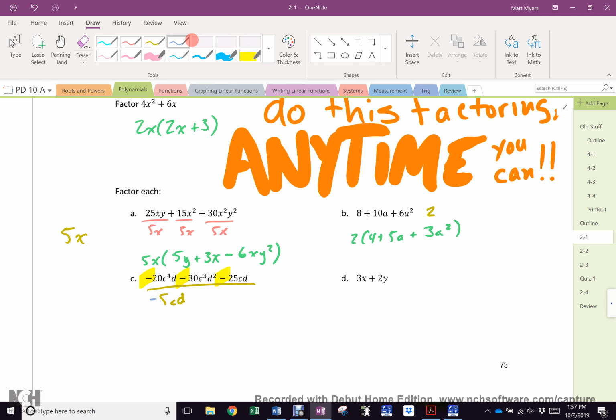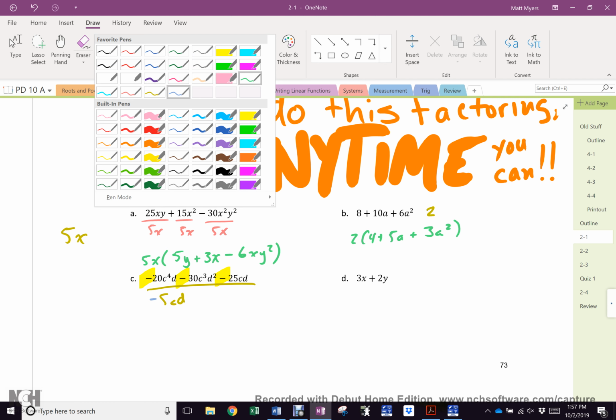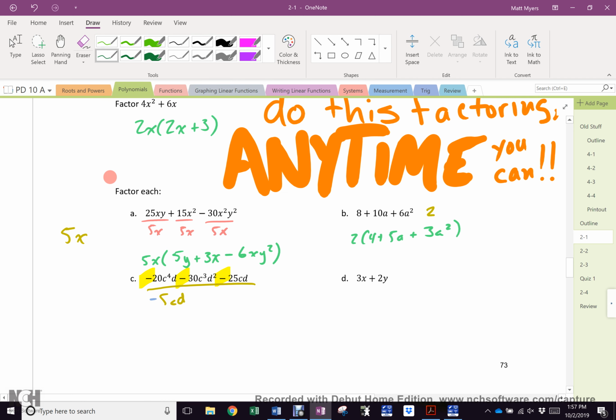So what this becomes is negative 5CD. And now, what is this quotient? Positive 4C cubed. What's this quotient? Positive 6C squared D. What's this quotient? Positive 5.